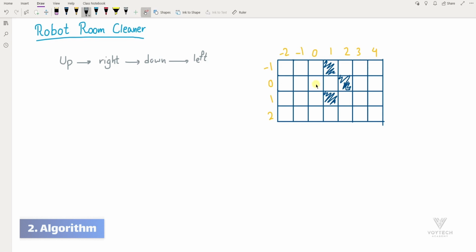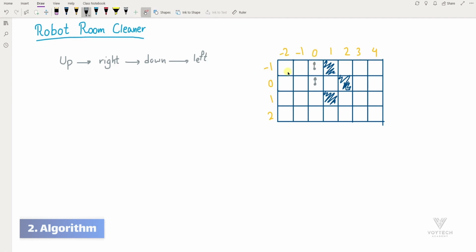So consider this is the initial position of the robot, and as the problem says, the initial direction of the robot is up. So we start our movement. The robot goes up, and still its direction is up, but it sees that here's an obstacle, so it cannot move there.